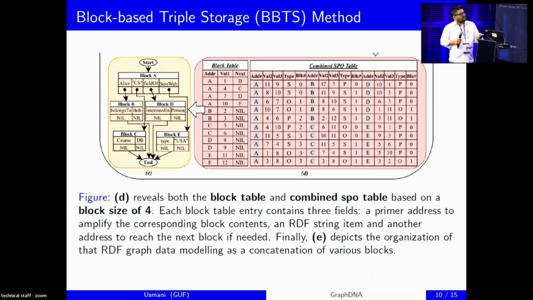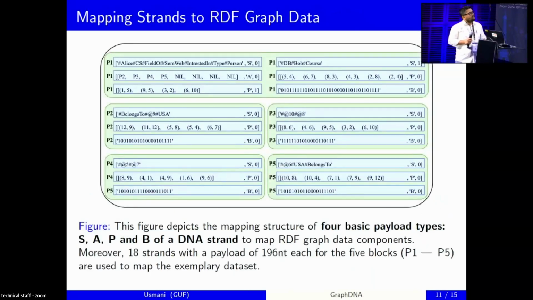Depending upon the number of blocks and the height of the tree, the maximum sequencing runs will depend upon the height of the tree. Here you can see a simple example where we need only 5 primers associated with different blocks, and each block has a dedicated primer address.